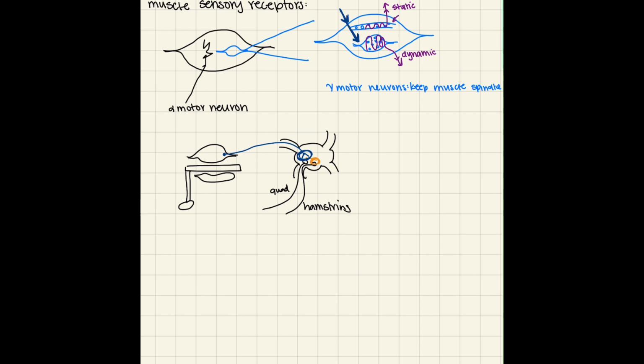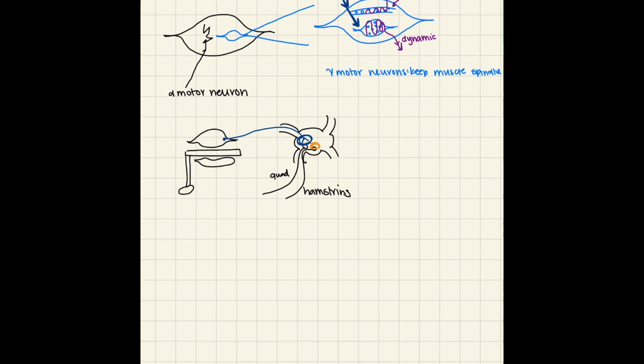There's another sensory receptor that does kind of the opposite thing. A Golgi tendon organ is what we call it. That sits on the tendon. So if this is your patella, the sensory neurons would sit not onto your patella, but onto the tendon that connects your hamstring or your quad to your patella.